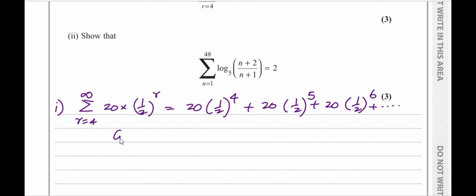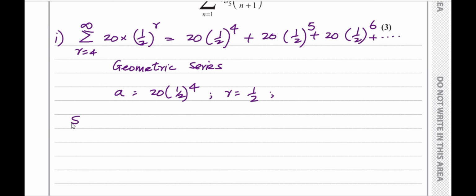So this is a geometric series. A equals 20 times (1/2) to the power of 4. Common ratio r is equal to 1/2. Using the formula for sum to infinity when |r| is less than 1, it's equal to a over 1 minus r.